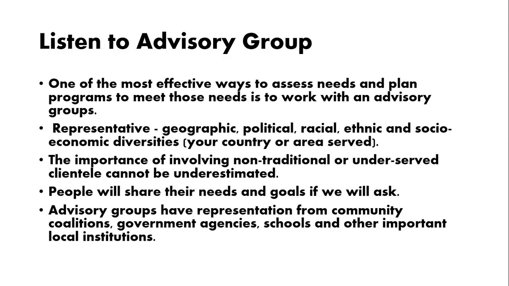Maybe ethnic leaders, socio-economic leaders. We have to touch base with those representatives, right? And also with the non-traditional categories, the underserved client base. They also have good information to find out the real problem as well as the solutions. And also people will share their needs and goals if we ask, right?